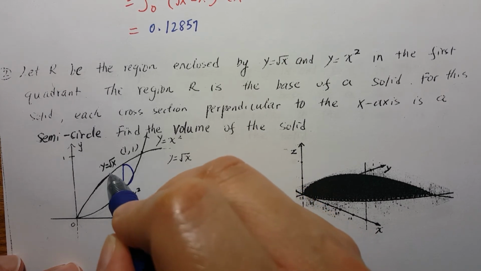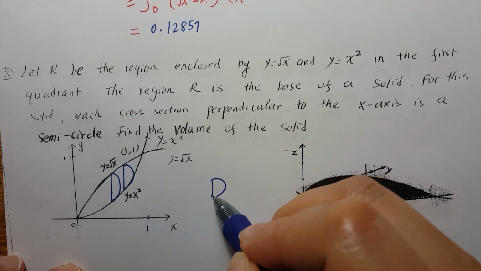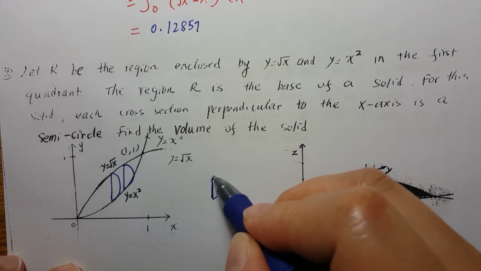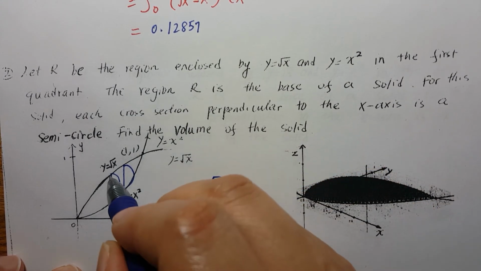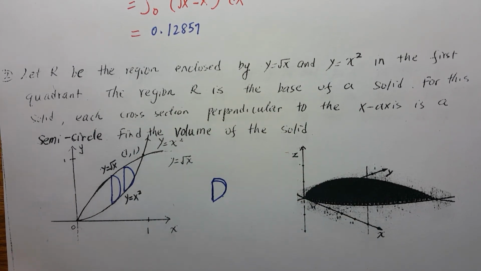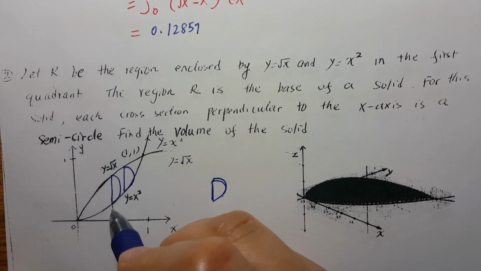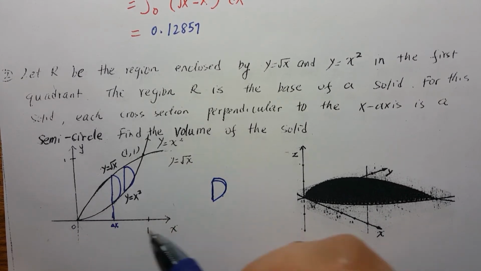I'm going to draw a little bit better this time. Because it's 2D, it's kind of difficult to see the thickness. Basically the thickness is going to be delta x again.